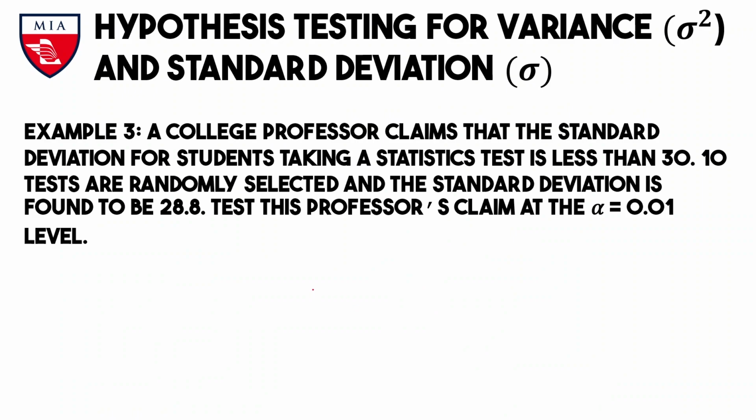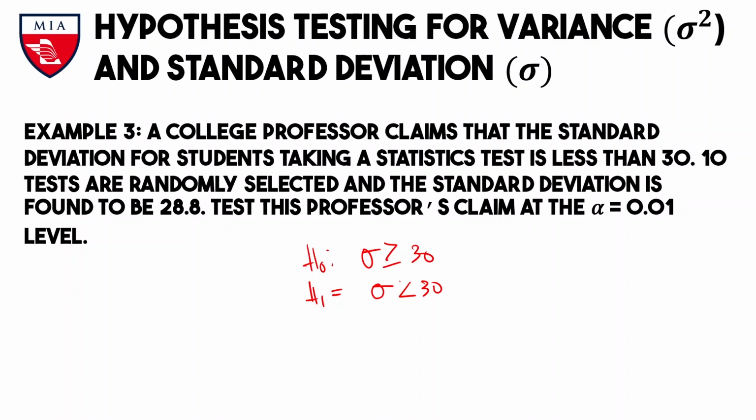Our alternative hypothesis is that the standard deviation is less than 30. Therefore, our null hypothesis is standard deviation is greater than or equal to 30.